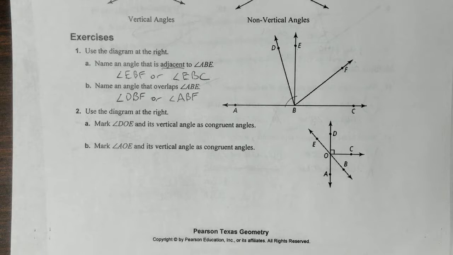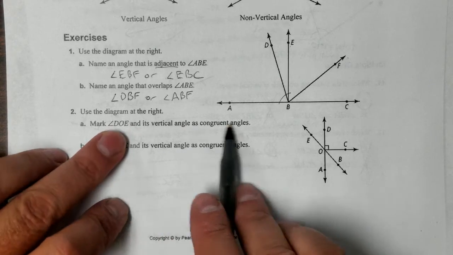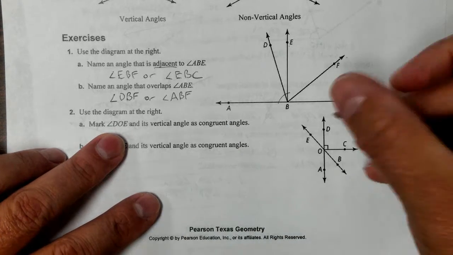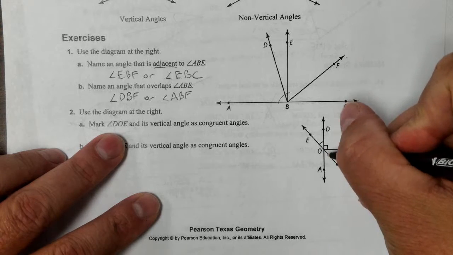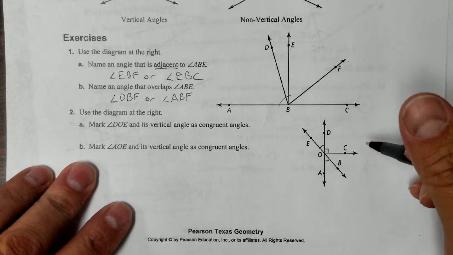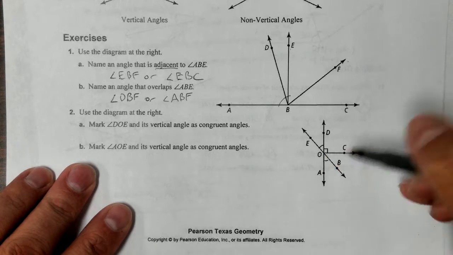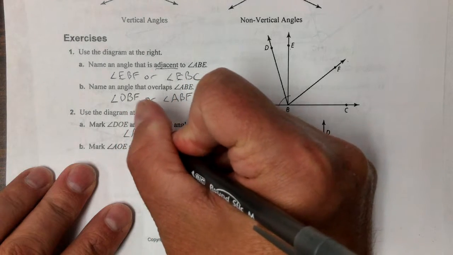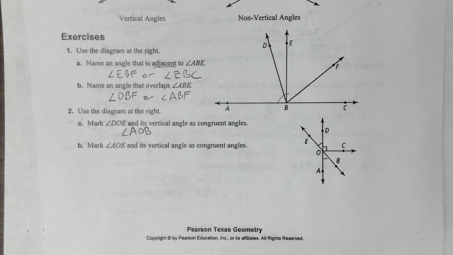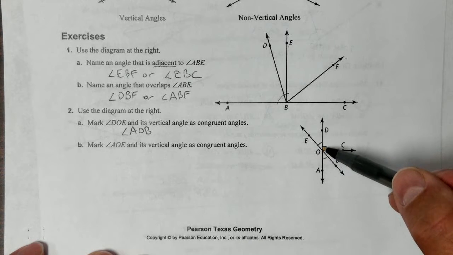Okay, then number 2, mark DOE and its vertical angle as congruent angles. So DOE is here, and so then it's here. And so that's AOB. Remember, you could reverse your first and third letter, but the vertex has to stay the same.